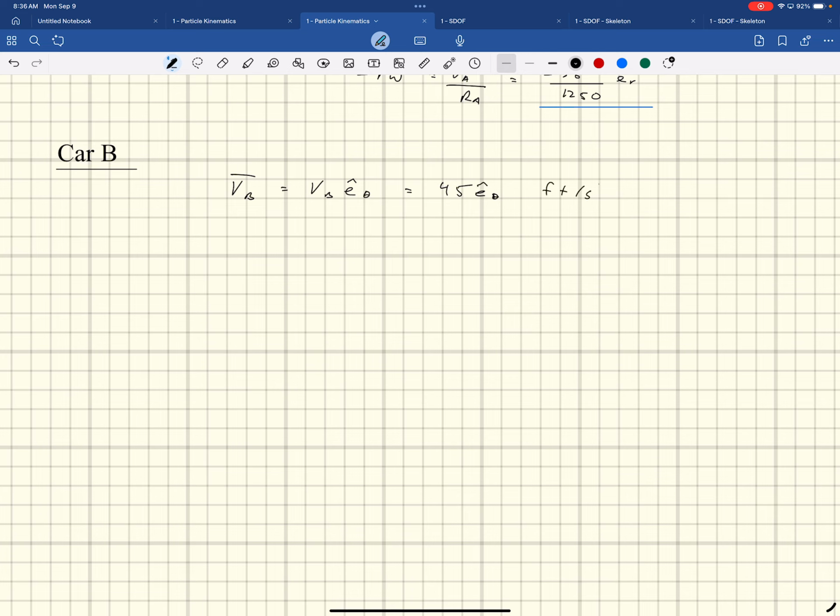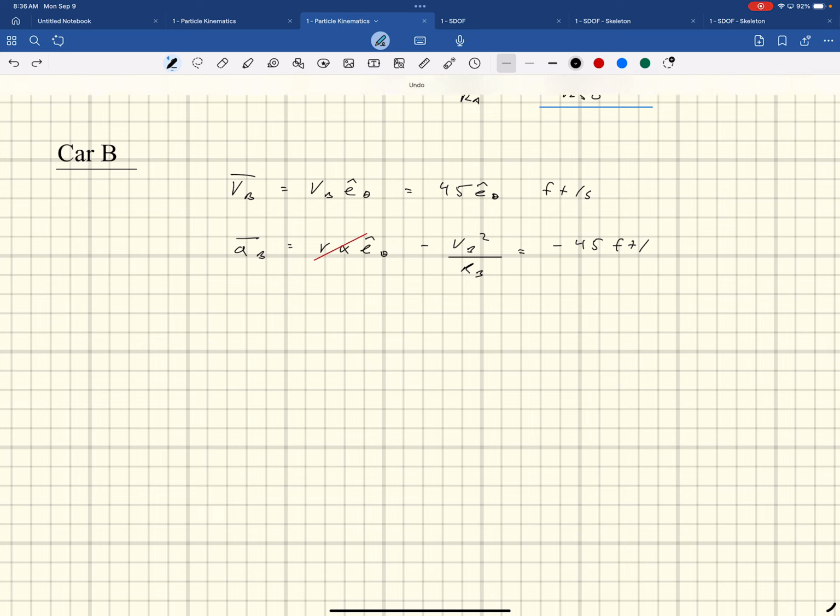Acceleration of B is going to be equal to r alpha in the e theta direction minus VB squared over RB. Again, alpha is equal to 0. It's constant velocity, so that's equal to 0. And then this is equal to negative 45 feet per second.